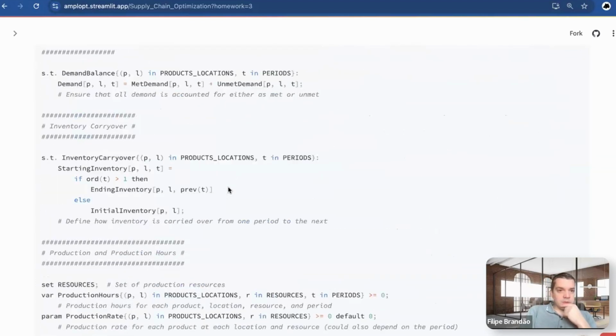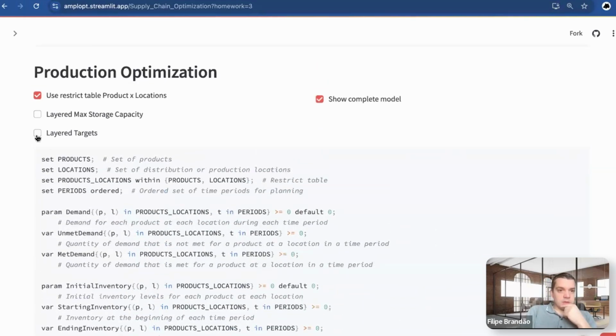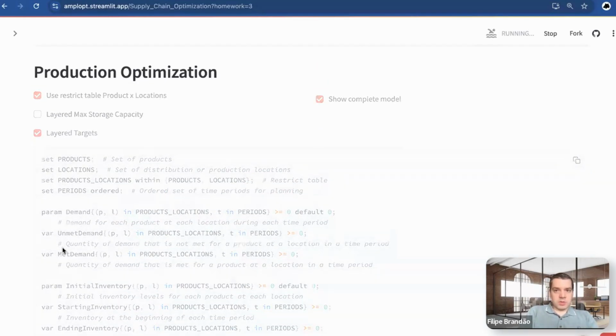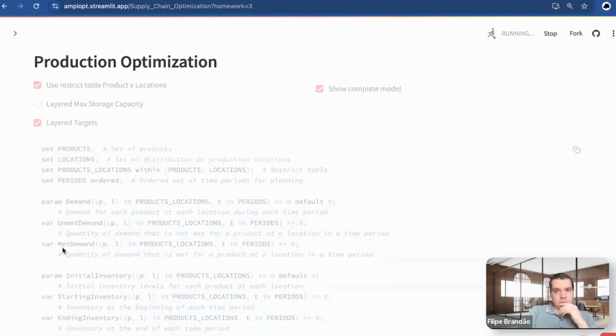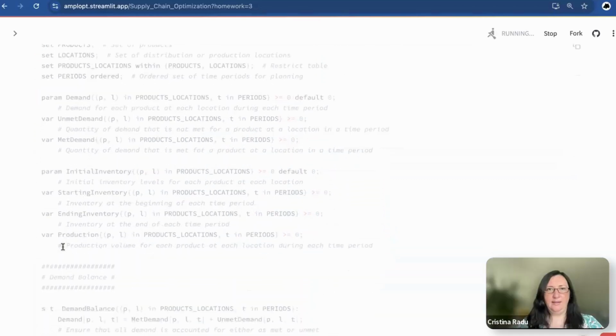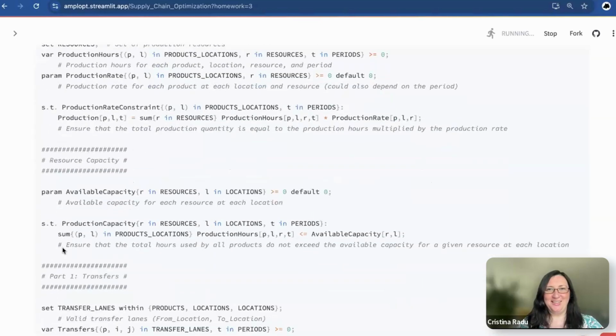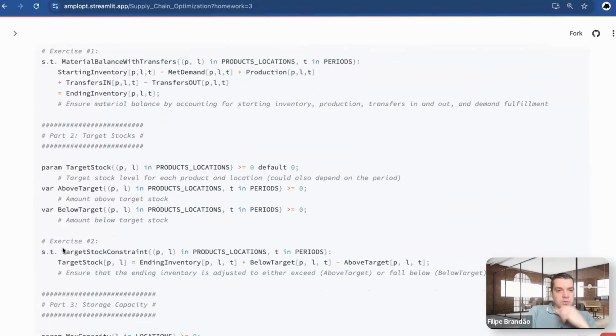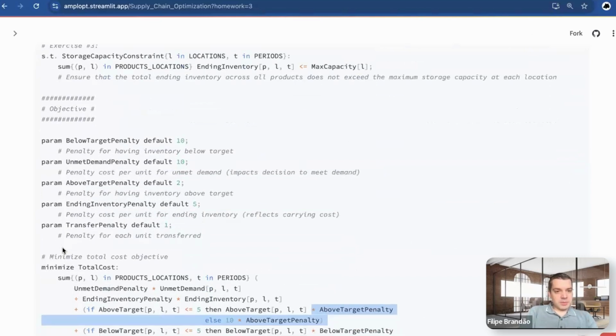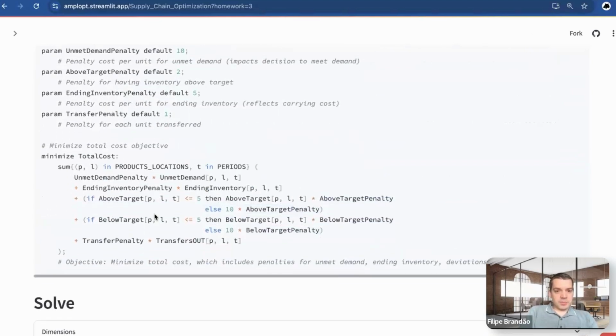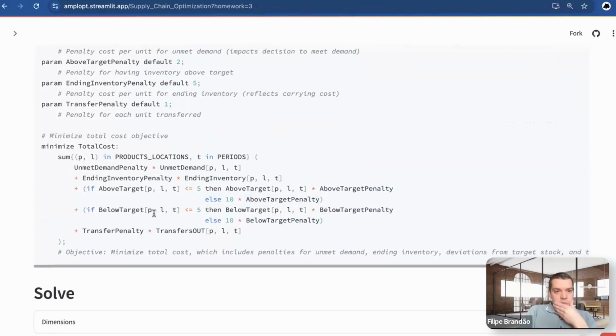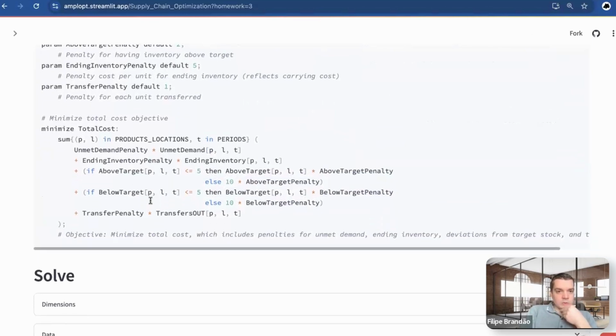there are the layered targets, which is just a small change in the objective. And the data, you need new data. Yes, there are more control parameters, because in layered targets, what happens?